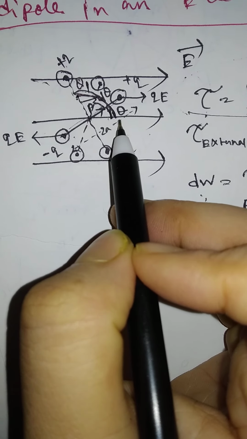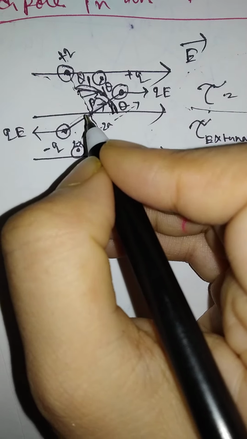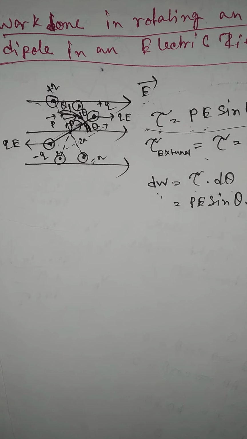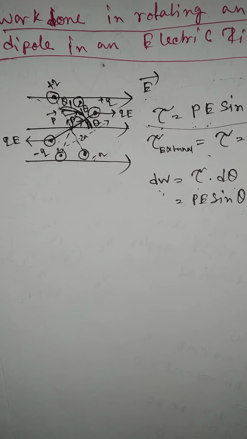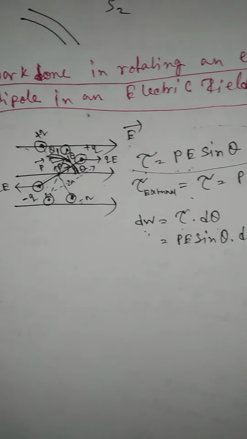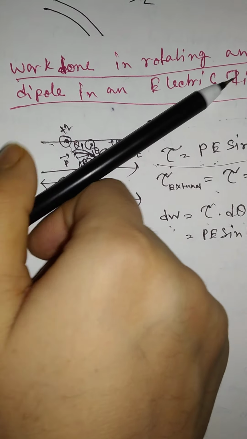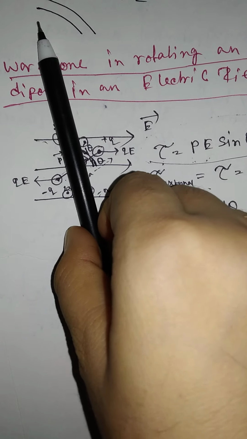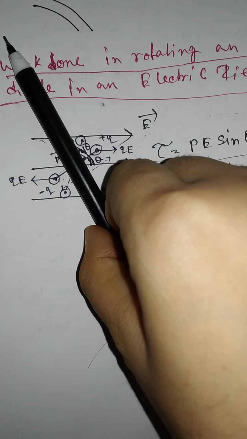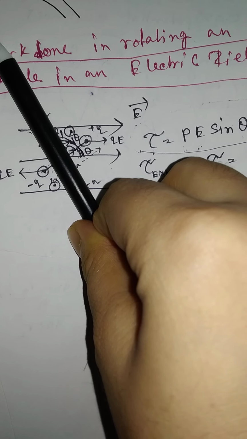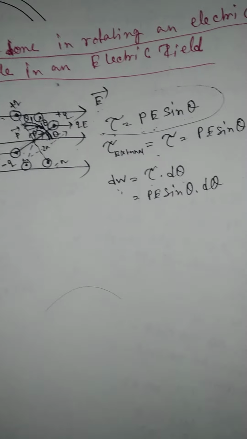That means theta 1 is the final angle between the dipole moment and the E vector. So initially the dipole is along this side, and I want to rotate it along this side, and in this final position the dipole makes theta 1 angle with the intensity.